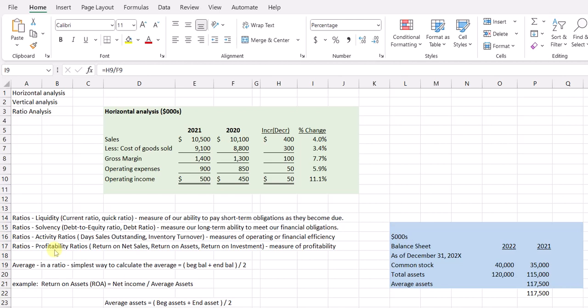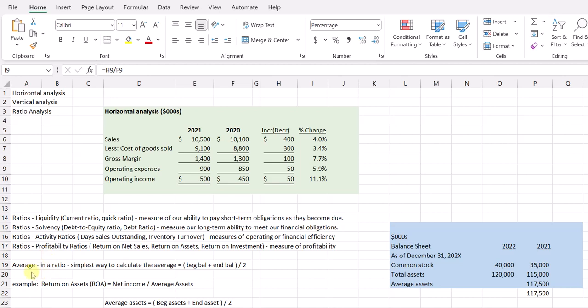Or return on investment would be net income divided by the investment, and the investment probably would be shareholders' equity. Sometimes it can be something else like assets employed, which is total assets minus current liabilities, which is sort of a modified version of return on investment. Okay, so we've got these 4 different categories.